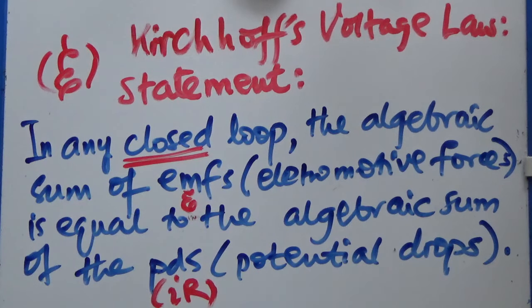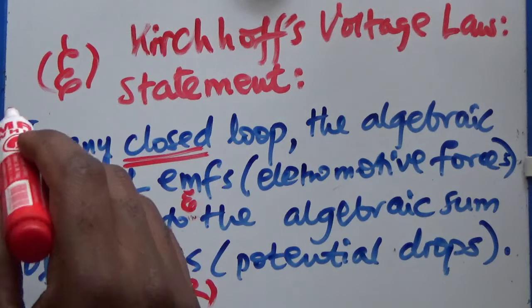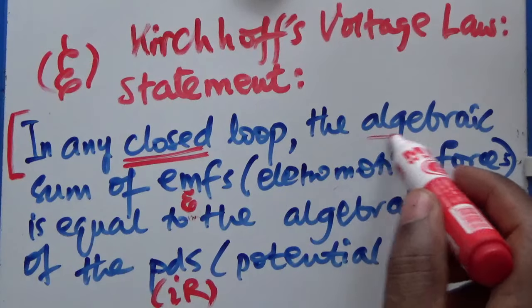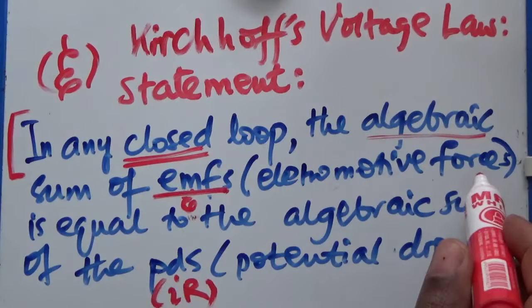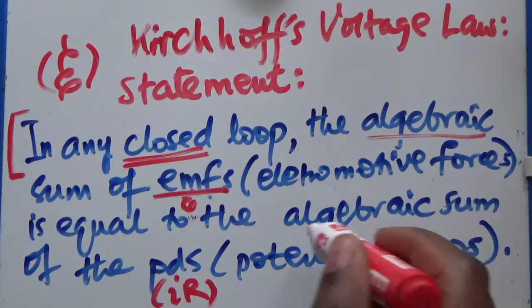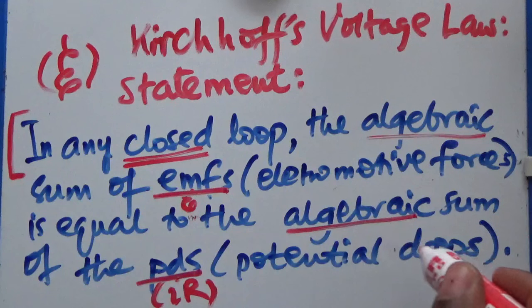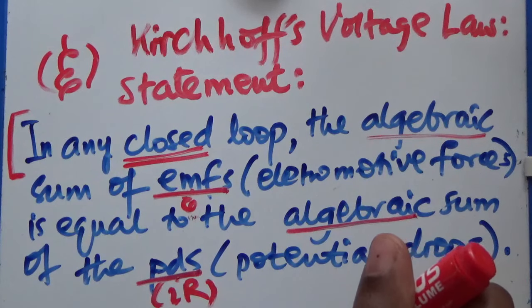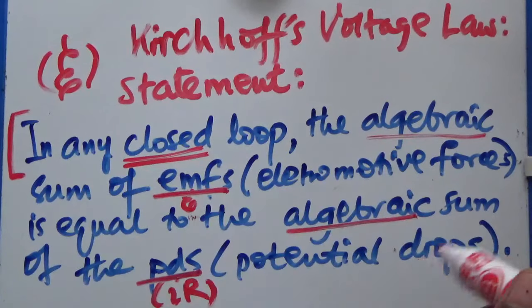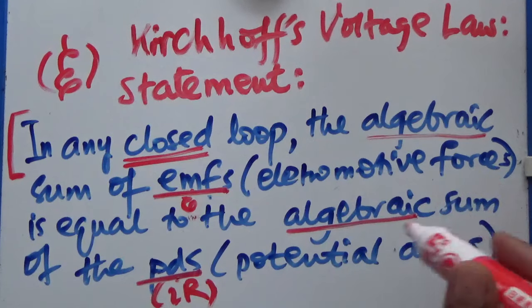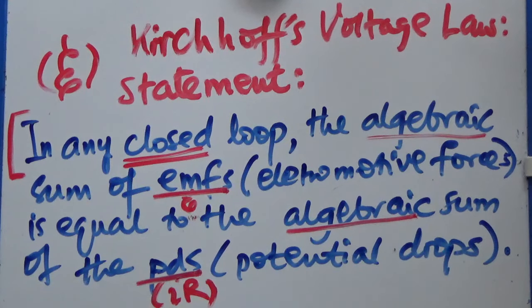So let me go again: in any closed loop, the algebraic sum of EMFs, electromotive forces, is equal to the algebraic sum of the potential drops in this loop. I could have said in this same loop, but we don't need to do that now. But in time you should be able to get this in a more comfortable way. Don't be stressed. It's about laws.